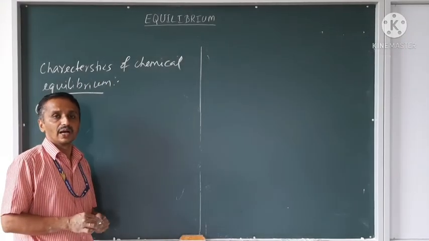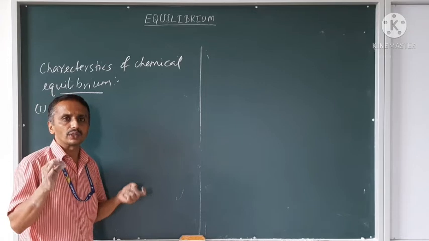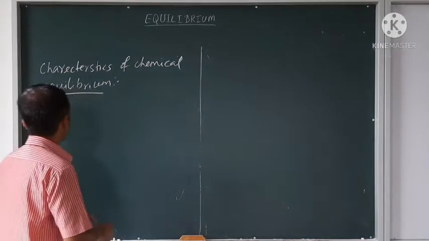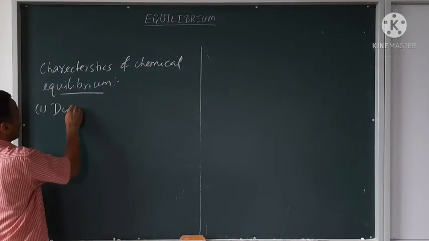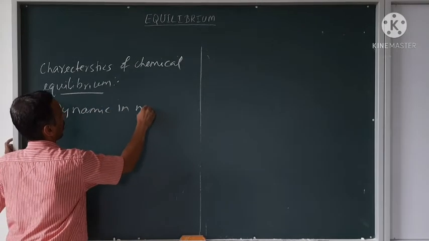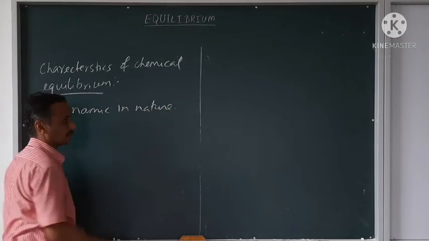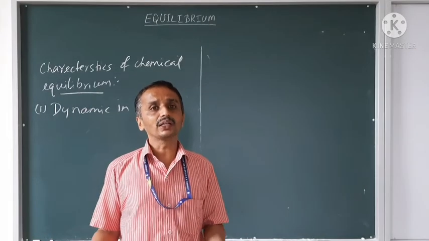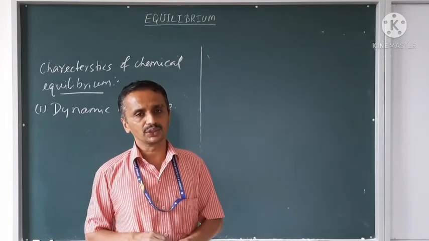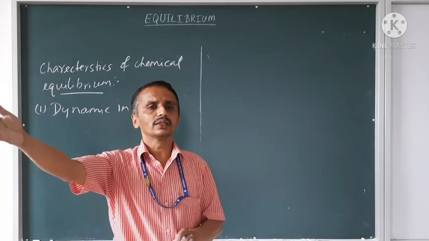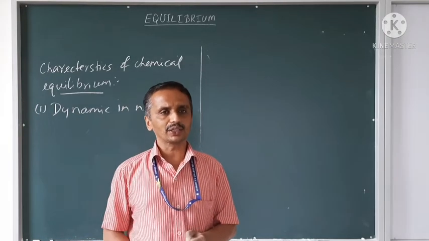First one, as I mentioned, equilibrium here is dynamic in nature. It means the reaction looks like it has stopped over there, but it continuously happens: how much reactant gives the product, that much product is giving back the reactant.